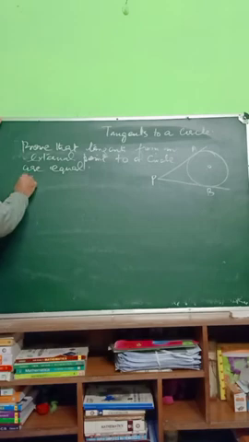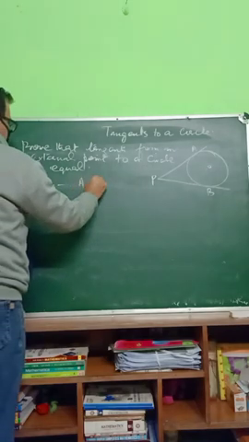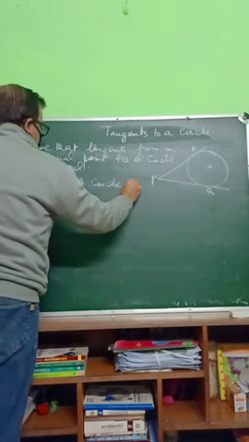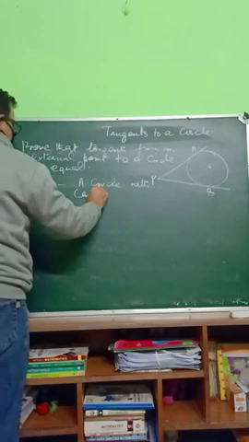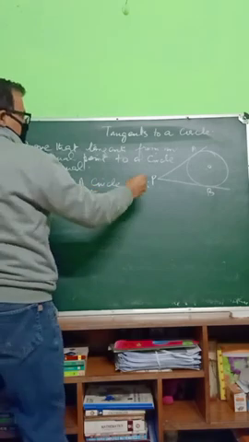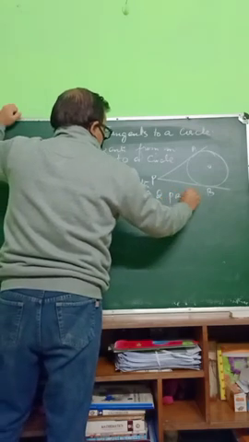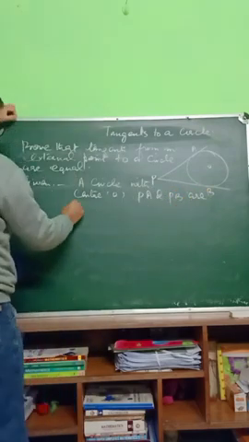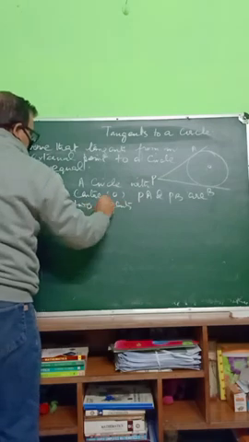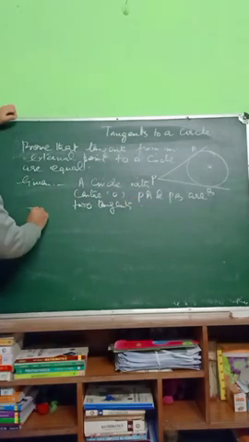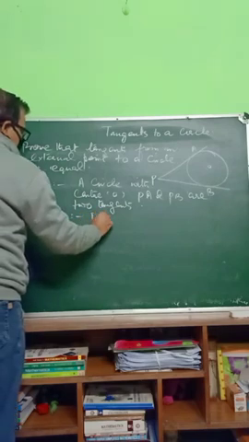Given: a circle with center O, PA and PB are two tangents. To prove: PA is equal to PB.